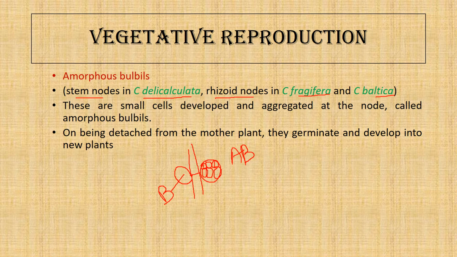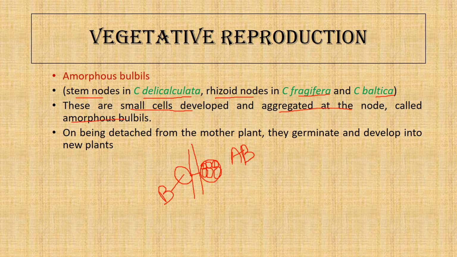Now they are much smaller than the bulbil, and these small cells store all the reserve food matter and are aggregated at the nodes. They are called the amorphous bulbils.